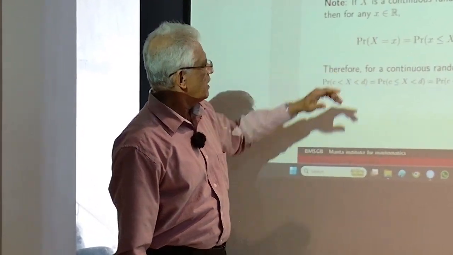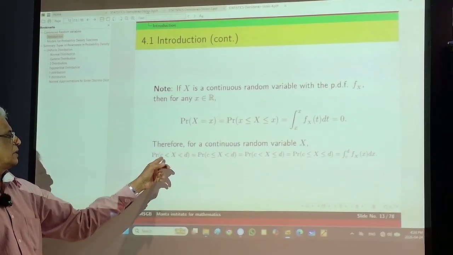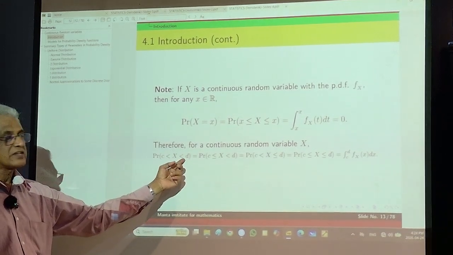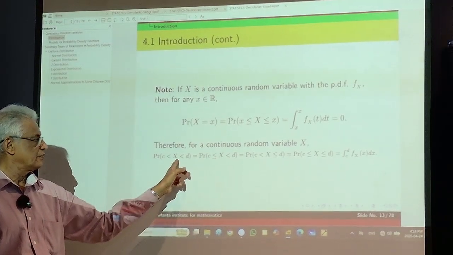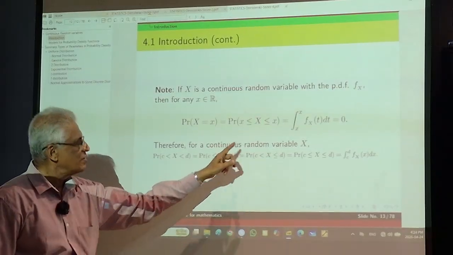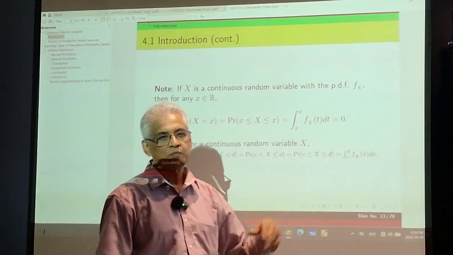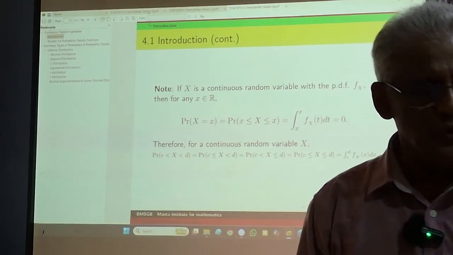Because of this property, for a continuous random variable, the probability that X is greater than c but less than d will be the same even if you have an equal sign here, or in both places, because the probability of being equal is 0, right?